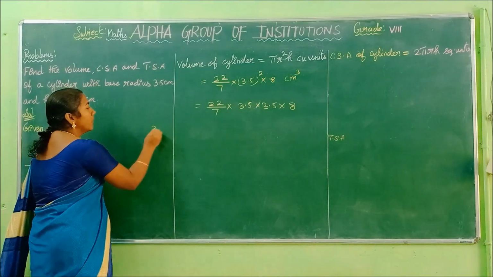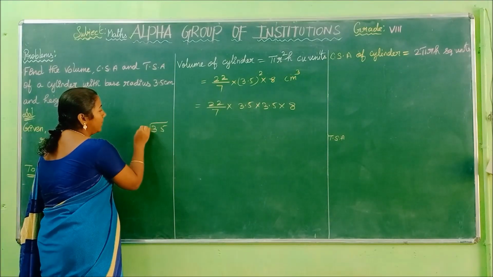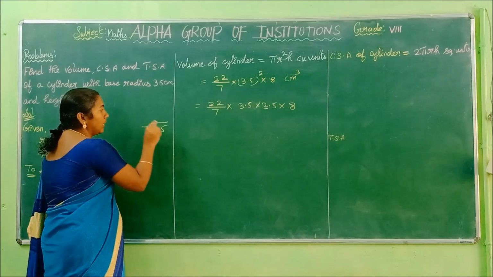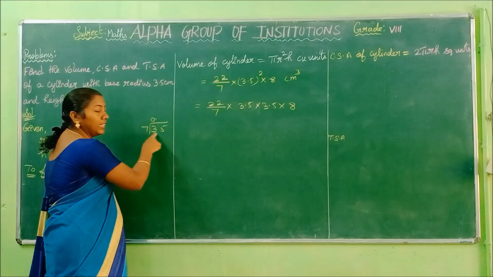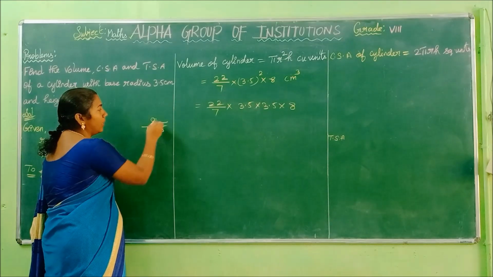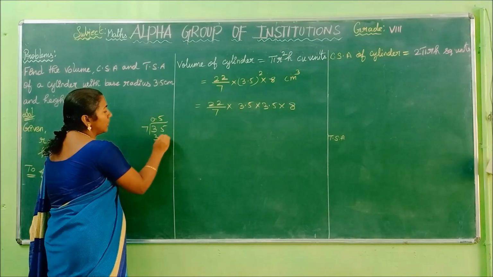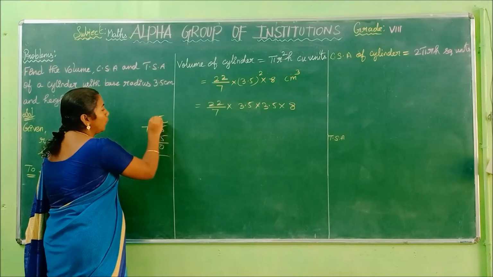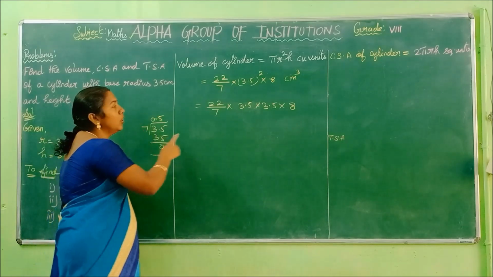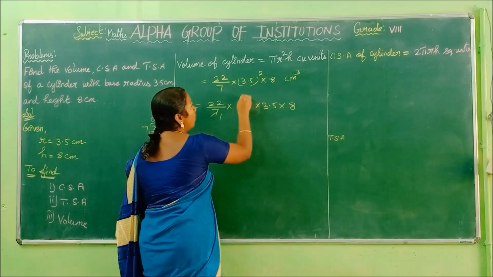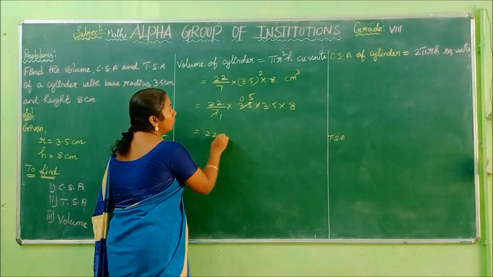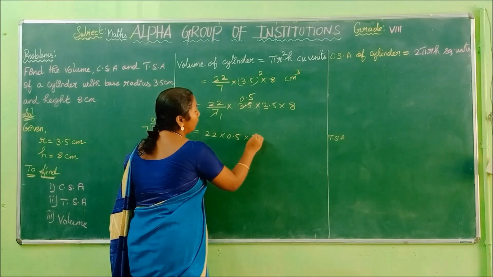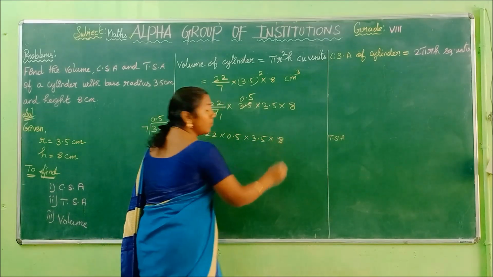Now to divide 3.5 by 7, forget the point, so 35. 35 comes in 7 how many times? 5 times. So 35, answer is 0. If you cancel 3.5 by 7, you get 0.5. So 22 into 0.5 into 3.5 into 8.